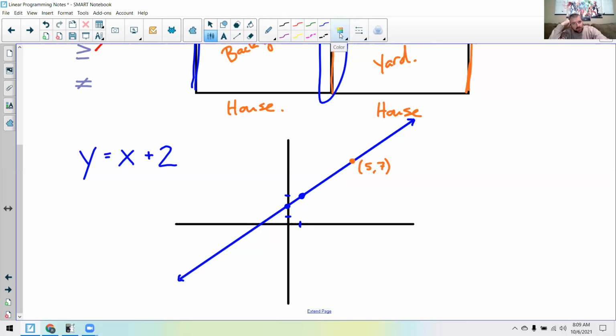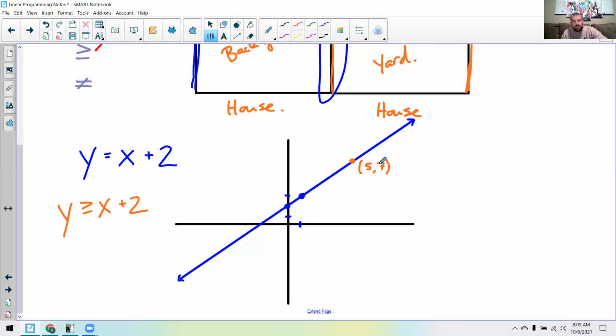Now, if I change my equation into an inequality, no longer does y just equal x plus 2. y could be greater than or equal to x plus 2. So y can be equal to x plus 2, or y could be larger than that.